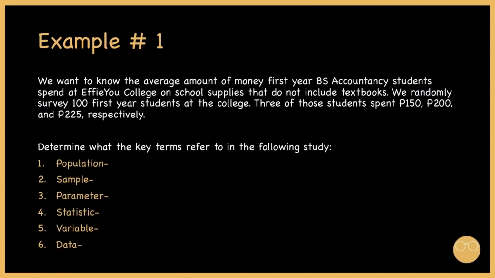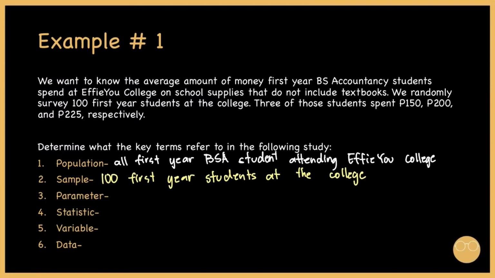Now let's take this example to have a better understanding of the key definitions that we are going to use for statistics. We should be able to determine the population, sample, parameter, statistic, variable, and data. For the population, we will get all the first year BSA students attending FEU college.